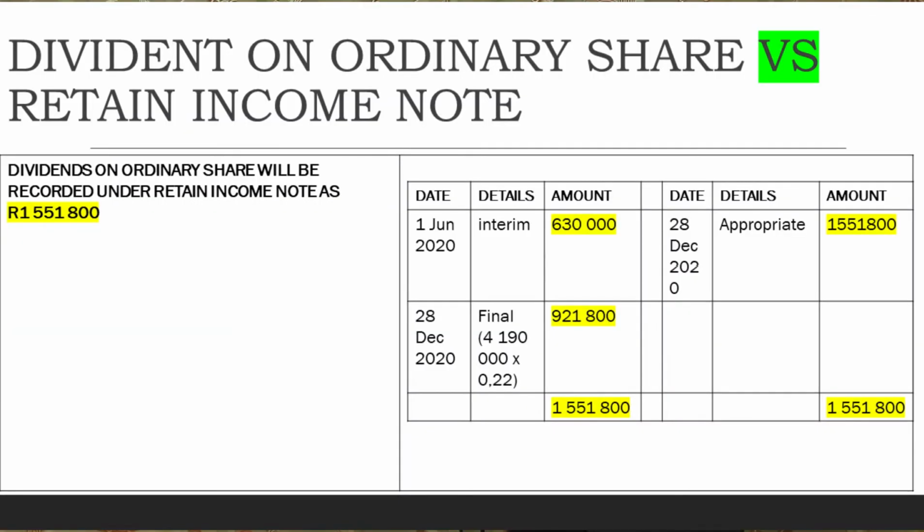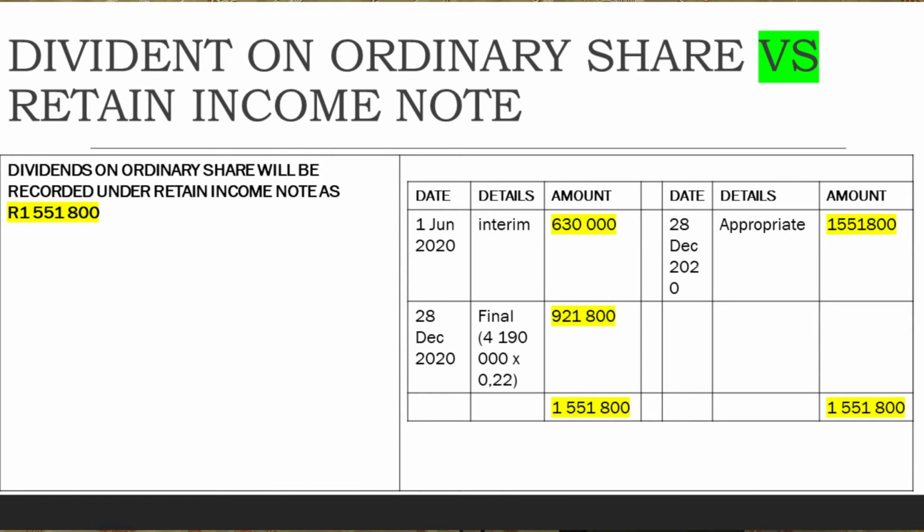And then, guys, we have dividends on ordinary share capital versus retained income. How do we record? We have our ledger account for dividends on ordinary share. That ledger account only shows dividends for interim and dividends for final. So before you take your amount and record it in your note to balance sheet, you must first start with your ledger account.